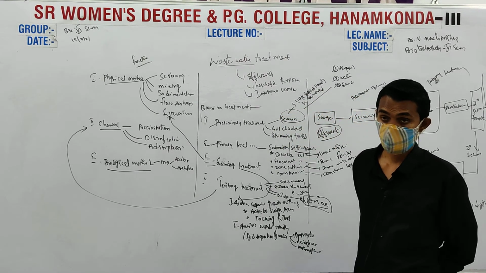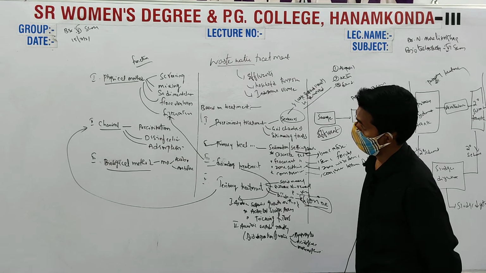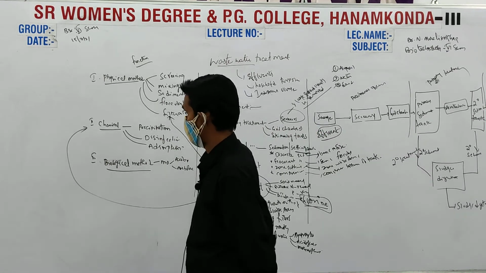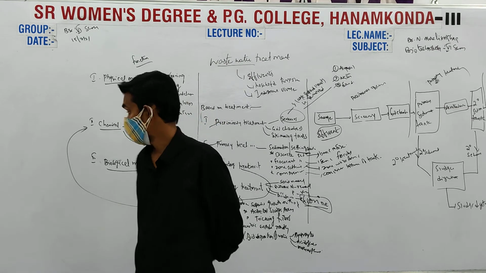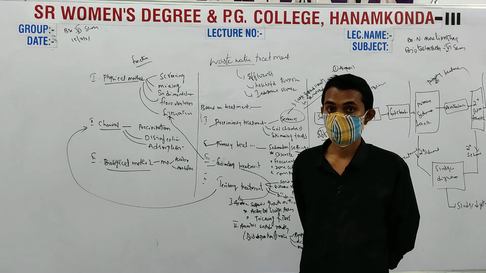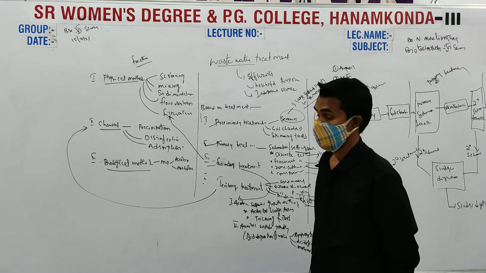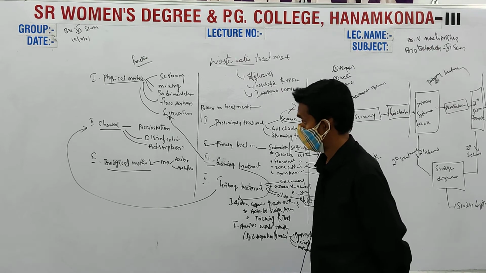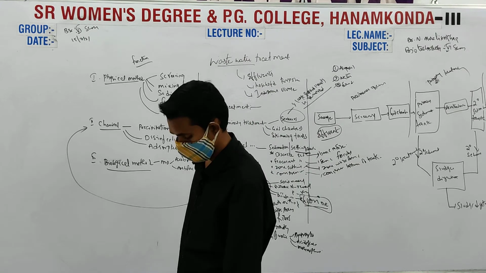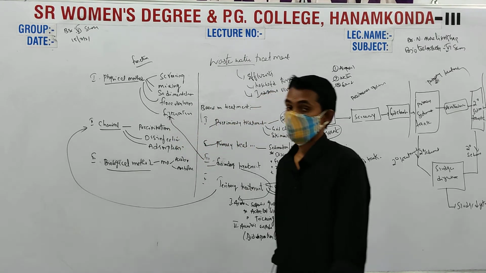One is the physical method, which includes screening, mixing, sedimentation, evaporation and filtration. Whereas the chemical method uses different chemicals to remove wastewater contaminants by precipitation, disinfection and adsorption.